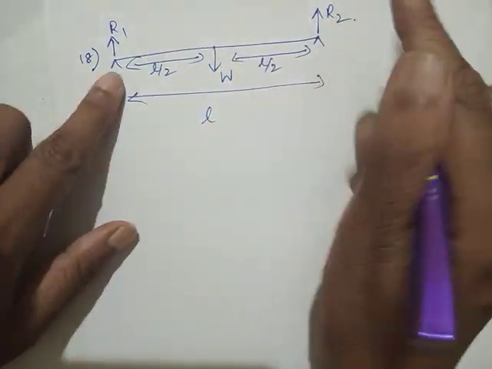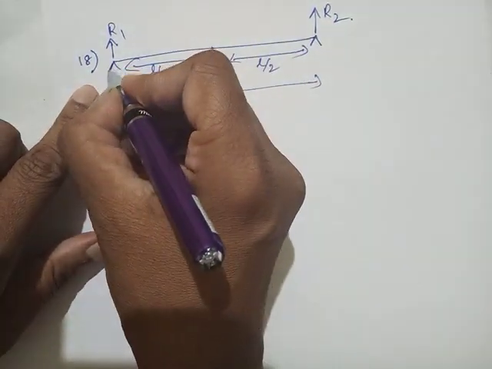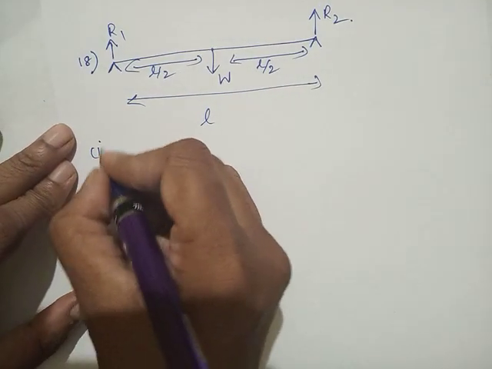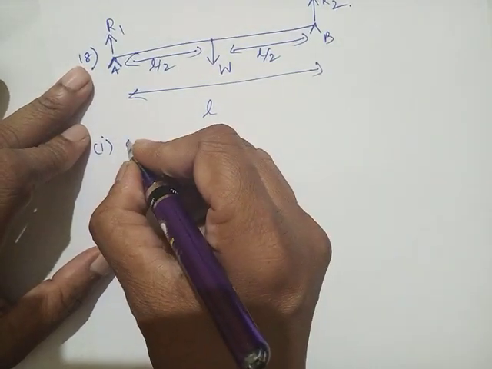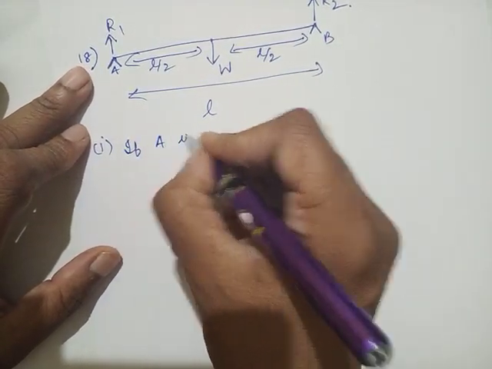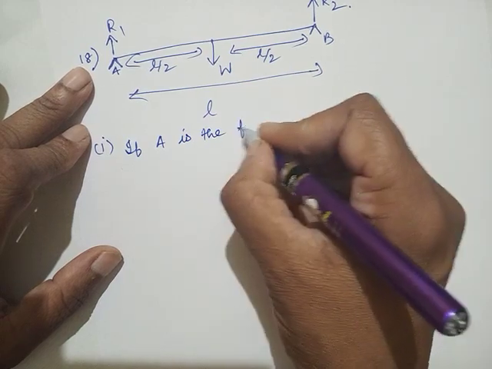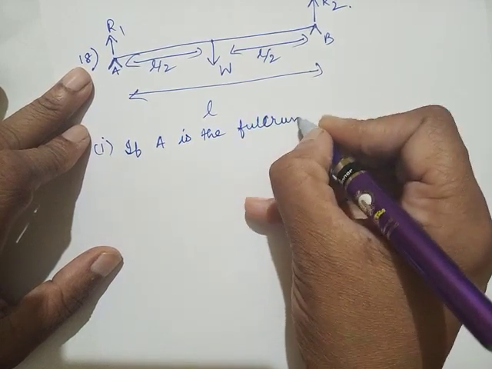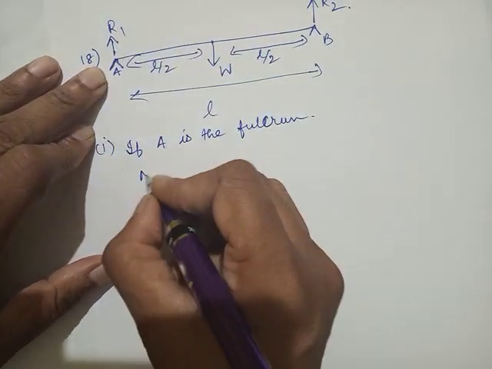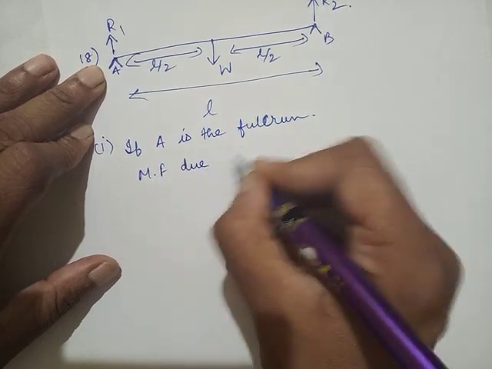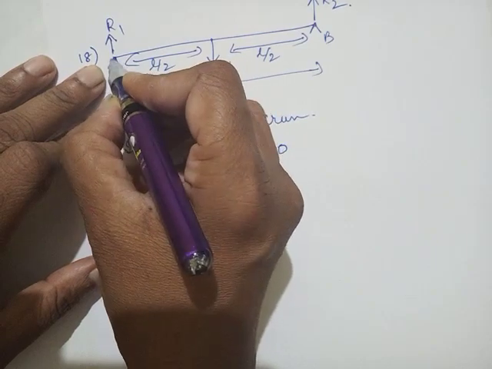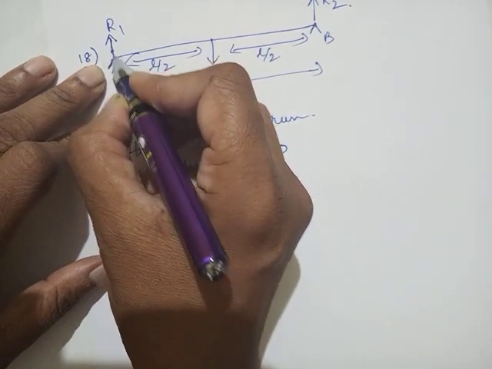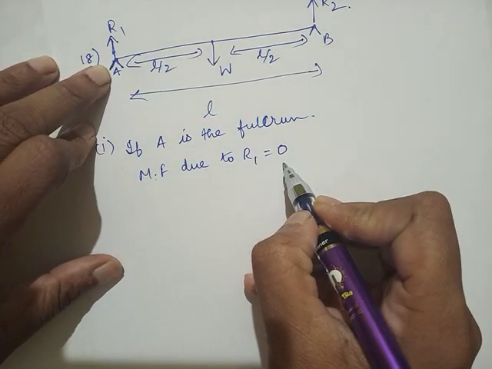Now at a time, it can't have both the fulcrums, either this or this. So in the first case, if you take A as the fulcrum, then moment of force due to R1 will be 0. Why? Because this is the fulcrum and the force is acting here, perpendicular distance is 0. So moment of force due to this will be 0.